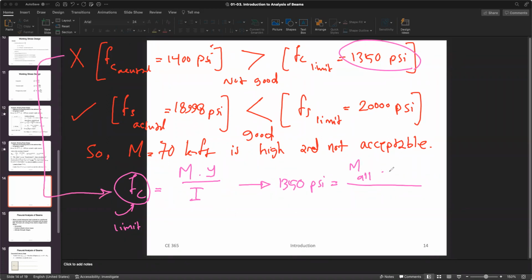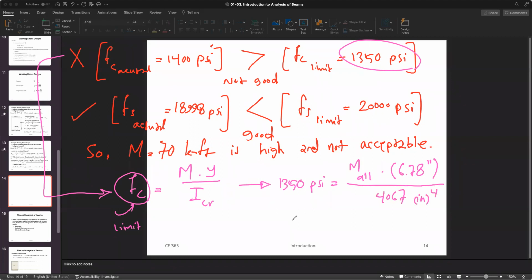So for the concrete side, the y for concrete, what was that? From the figure, it was 6.78, right? And the moment of inertia needs to use the cracked one for sure, 4,067.